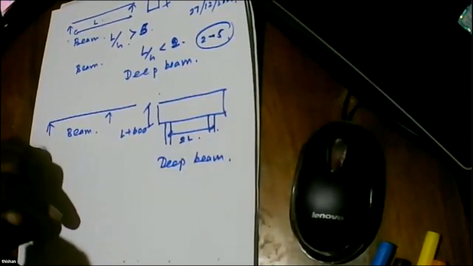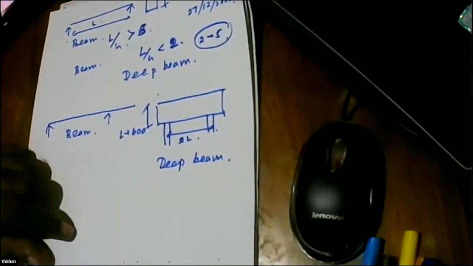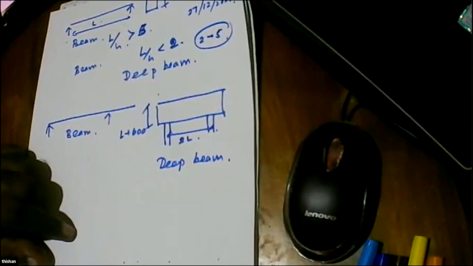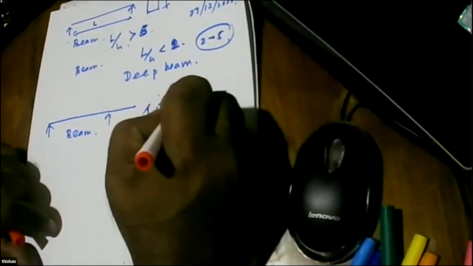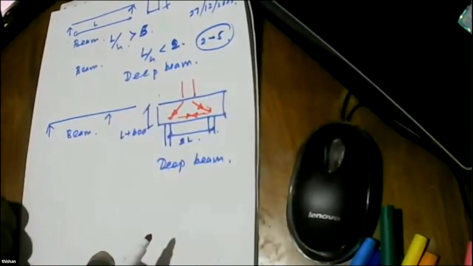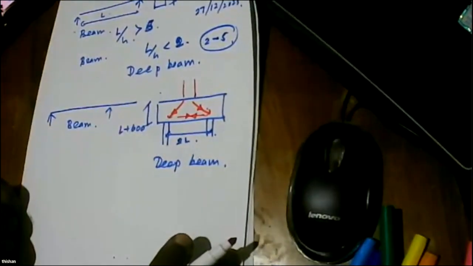We don't use this beam theory generally. You can use it if you want, but you have to be careful, because here what happens is the load comes here, load goes this way. So to keep the equilibrium, this will go into tension, right?